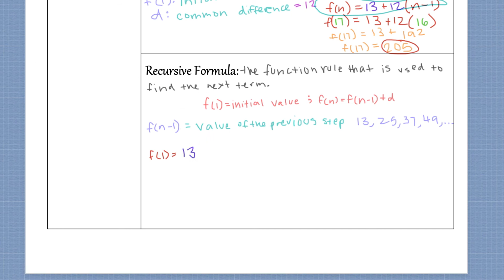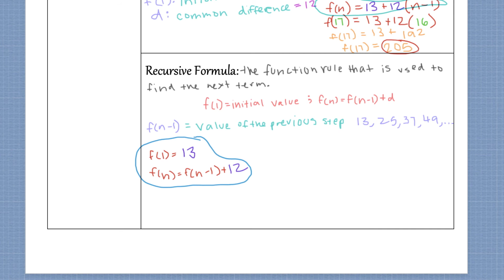Then we're going to write the second part of the equation, which is f of n is equal to f of n minus 1 plus d. And we said up there that d was plus 12. We're adding 12 each time. And so plus 12. And so this whole thing right here is the recursive formula.